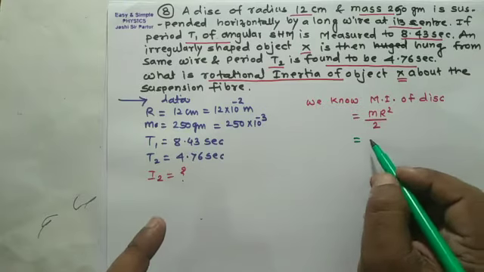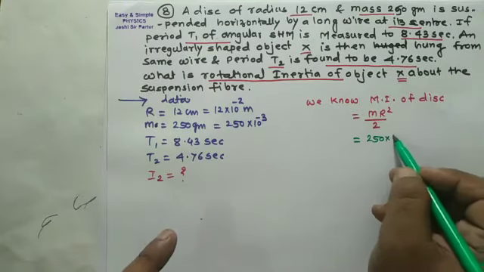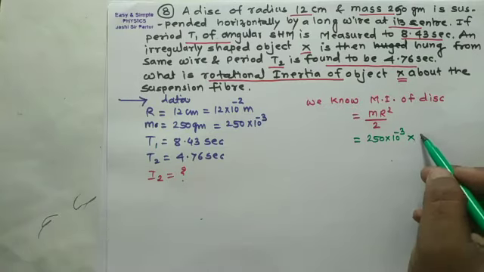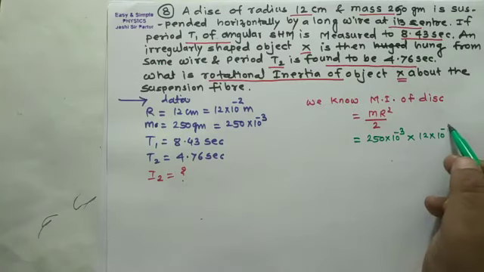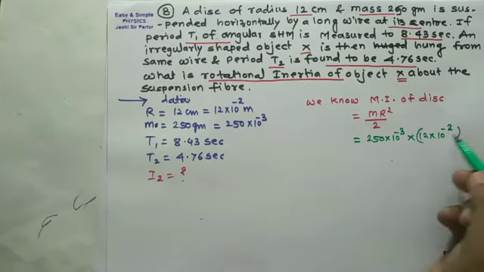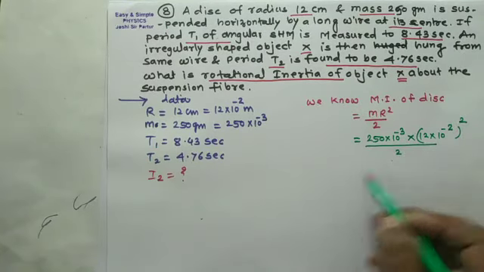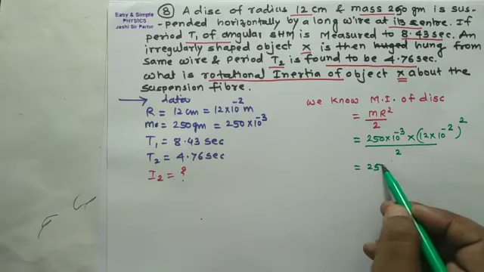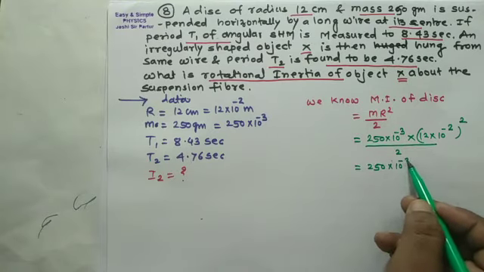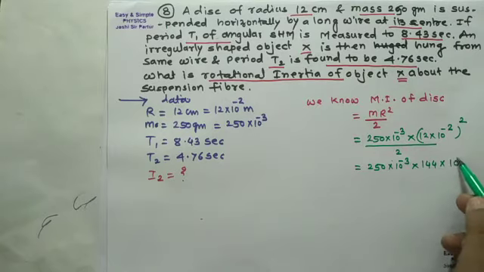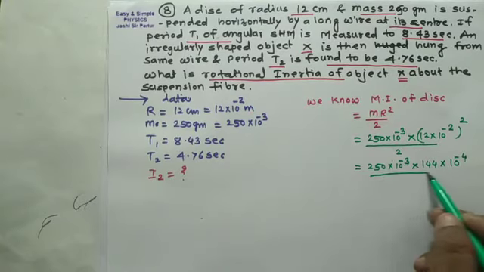The value of mass will be 250 into 10 to the power minus 3 multiplied by radius 12 into 10 to the power minus 2, bracket square, divided by 2. It will be 250 into 10 to the power minus 3 into 144 into 10 to the power minus 4 upon 2.